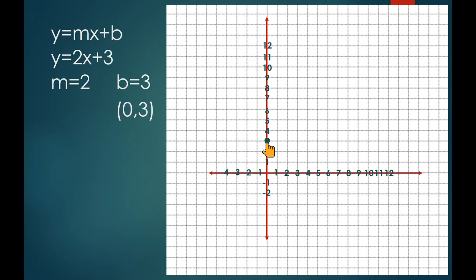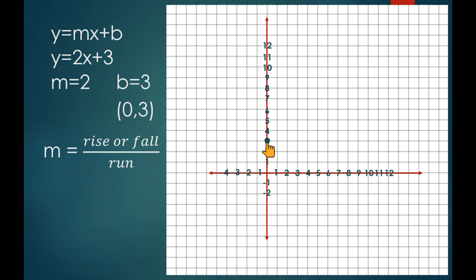Pag nilocate nyo na yung y-intercept, that's the first point. So, yun ang una talagang gagawin natin. Next, ang m ay rise or fall over run. Since ang ating slope ay 2, which is a whole number, naka-fraction tong rise or fall over run. So, what's the denominator of 2?